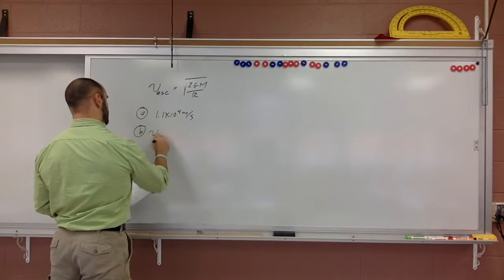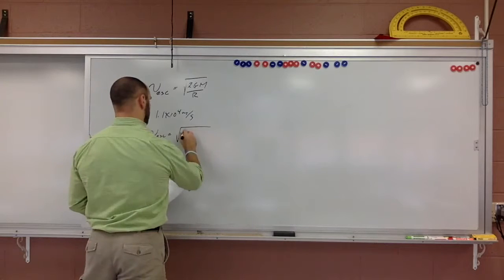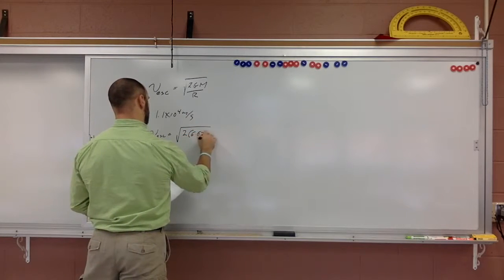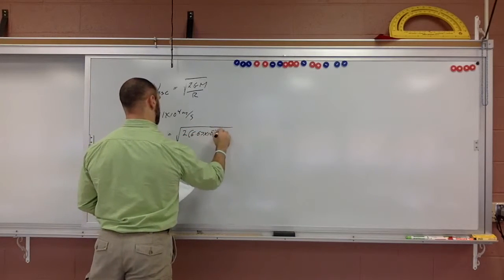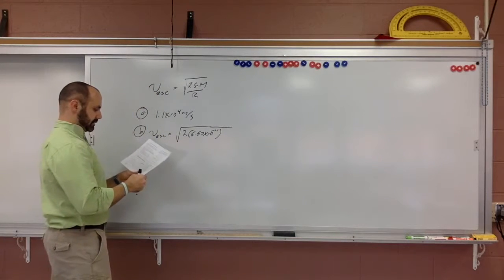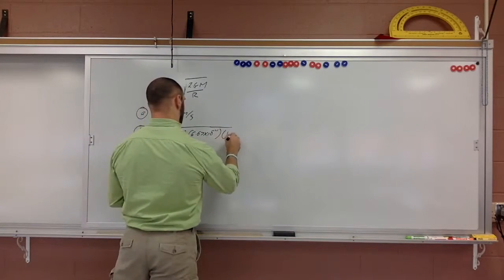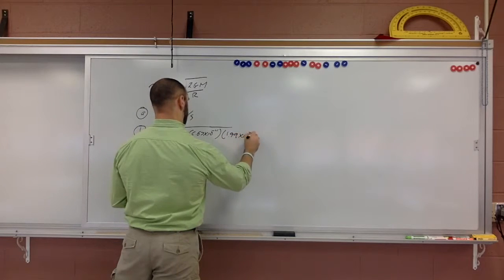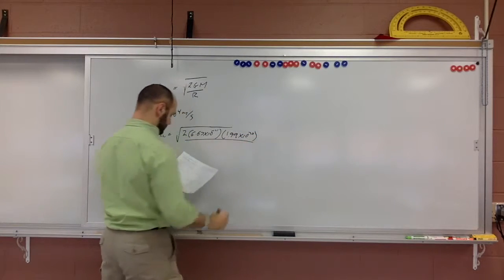So we have V escape, the square root of 2, 6.67 times 10 to the negative 11th, and the mass of the Sun, which is about 1.99 times 10 to the 30th kilograms.